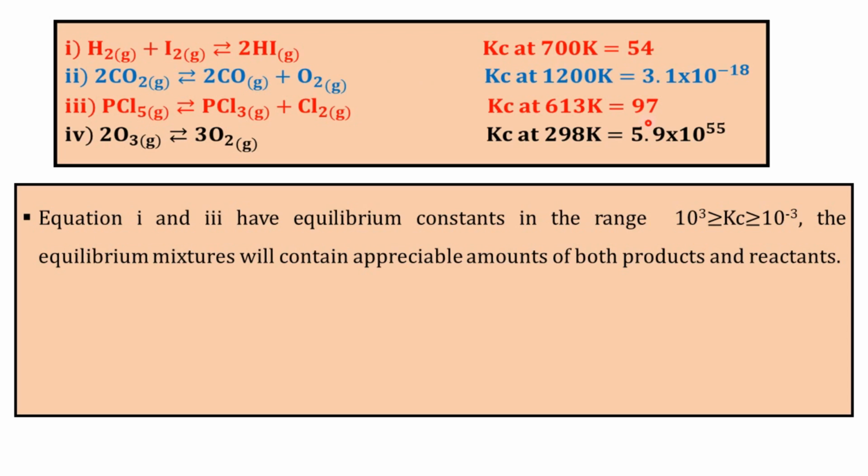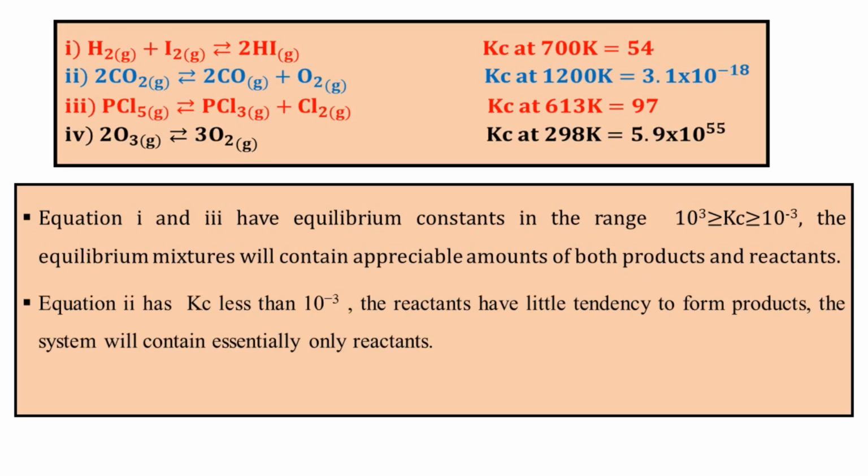That means their Kc is in between 10^-3 and 10^3, so it is in the range. So the equilibrium mixture will contain both product and reactant, because they have a Kc value in between 10^-3 and 10^3. In this case, both product and reactant are present.